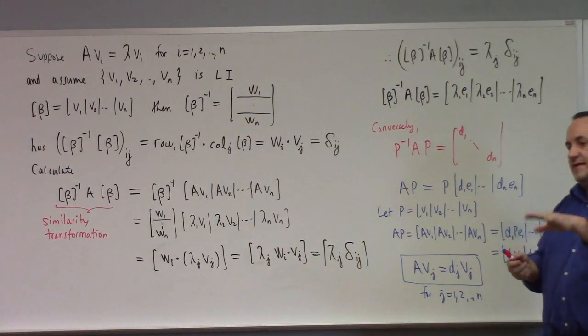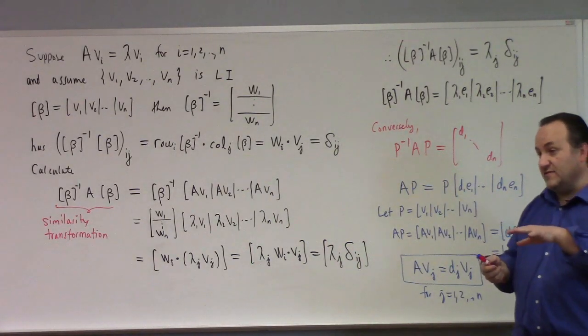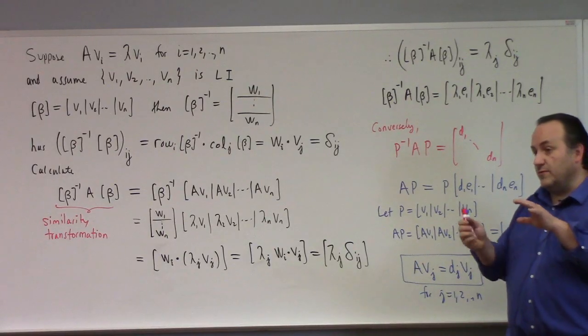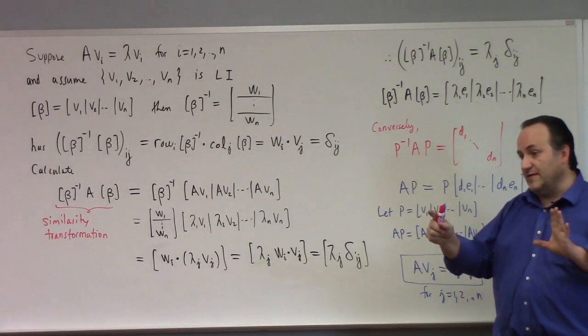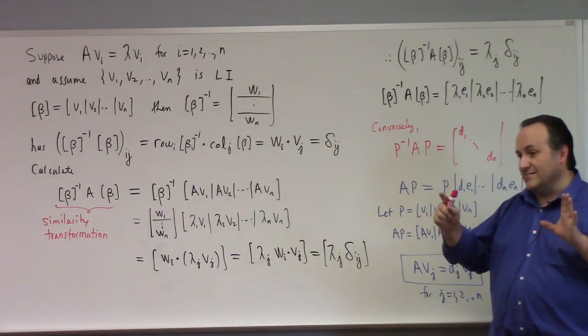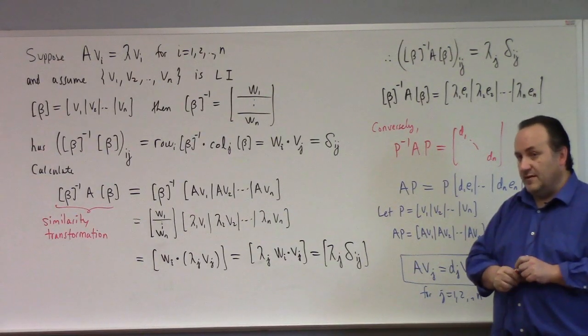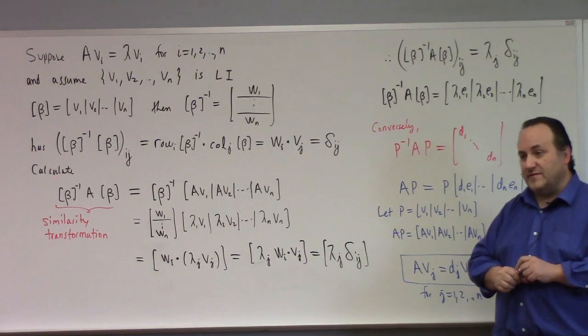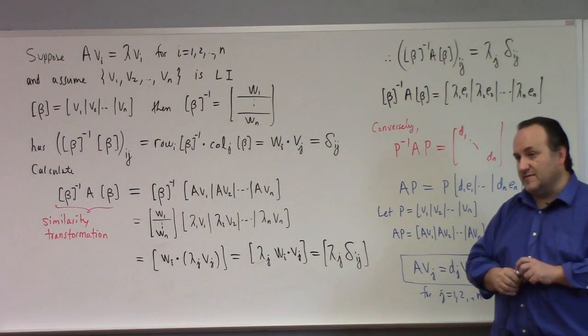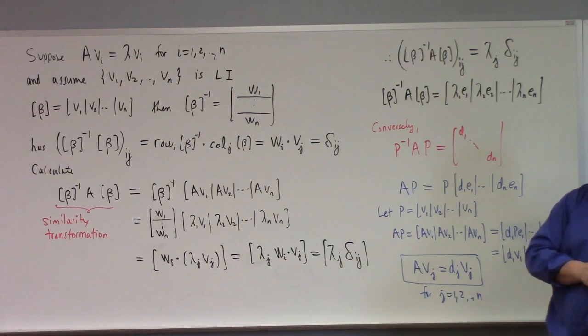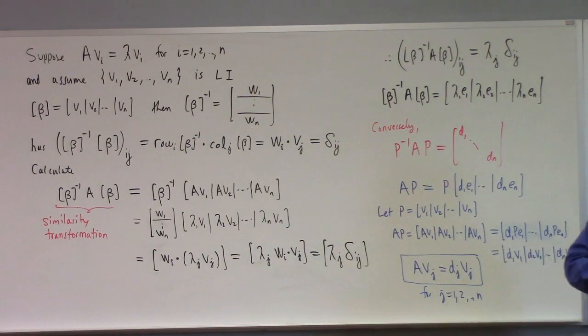Now, in the case that the basis is orthonormal, if it's orthogonal and length 1, W sub i is literally the transpose of Vi. So in the case of an orthonormal basis, it's much easier. We don't actually have to calculate the inverse. We simply transpose the basis matrix, and that is the inverse. That is the most wonderful circumstance to be in, but we're not always in that circumstance. We're not in that circumstance with the example I had you guys start today.